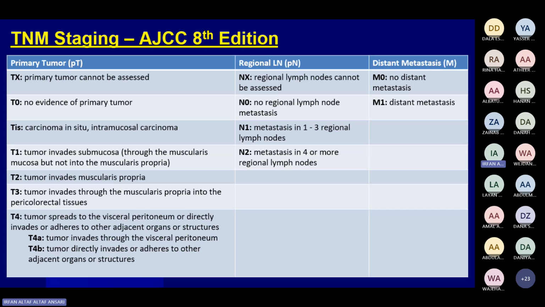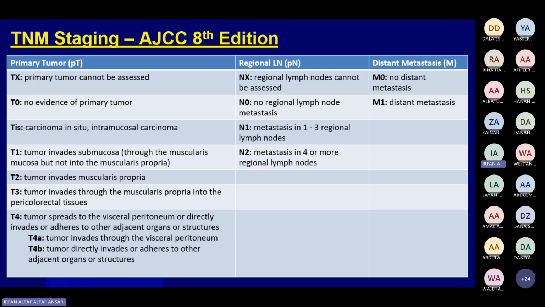T3, tumors go into the pericolorectal tissues. T4, it goes to the peritoneum. Okay, the visceral peritoneum, and other structures like cervix, uterus, or bladder getting attacked equals T4. And NX, we don't know whether the lymph node is involved or not. N0, no lymph nodes.